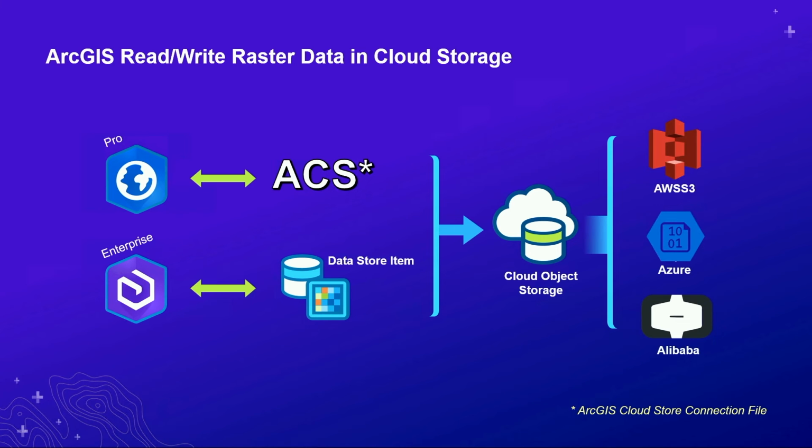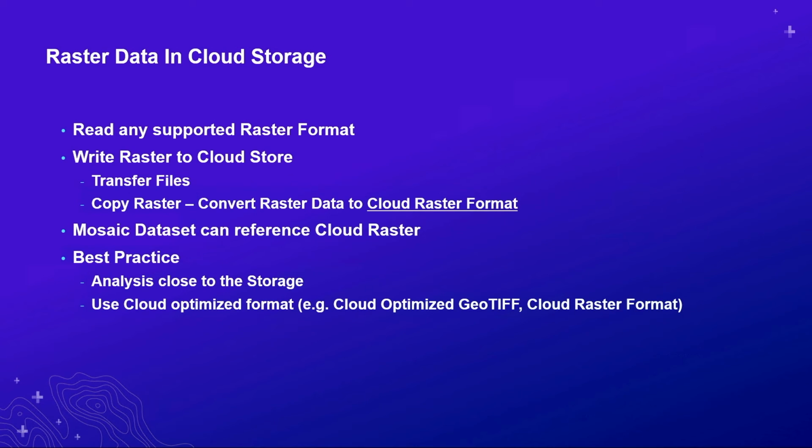And there's a different route where you want to let ArcGIS Enterprise image server access data in the cloud storage. You're going to create a data store item, similar to what you saw in my first two demos, a cloud data store item to access the cloud object store for all these different providers.